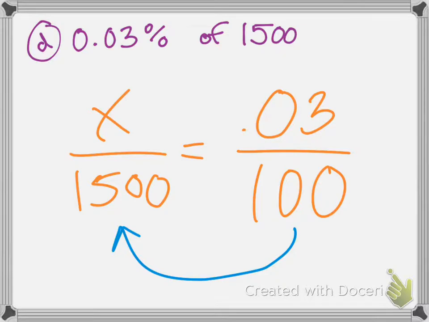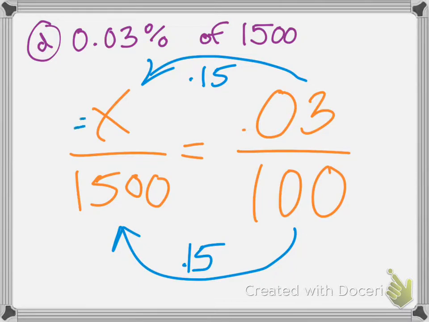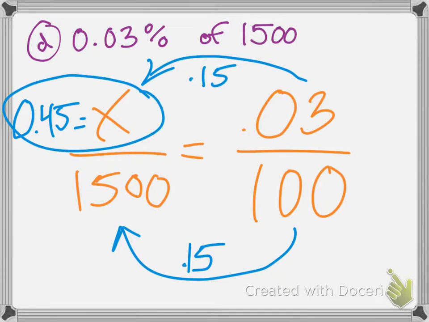What is it, Lennox? 15, exactly. So I do the exact same to the top. .45 over. Just 0.45. Exactly. So our x. So 45 hundredths is 300ths of a percent of 1,500.